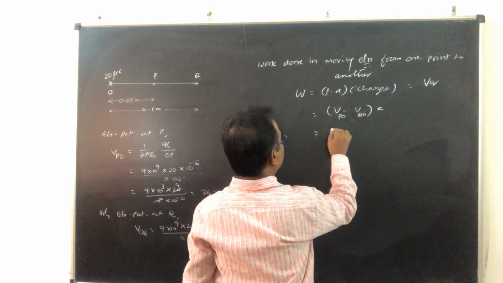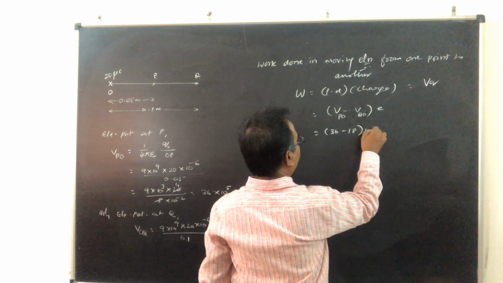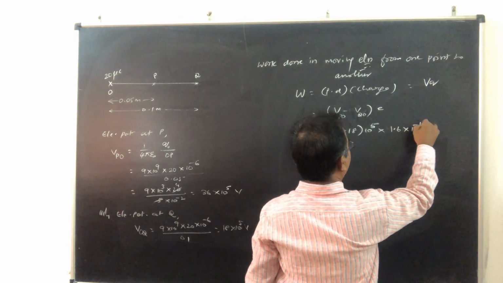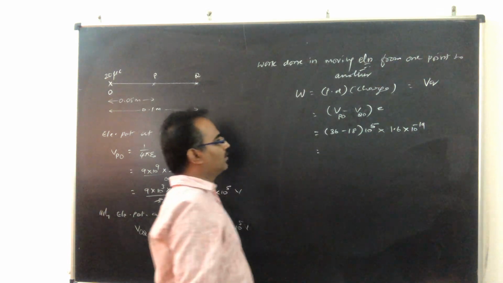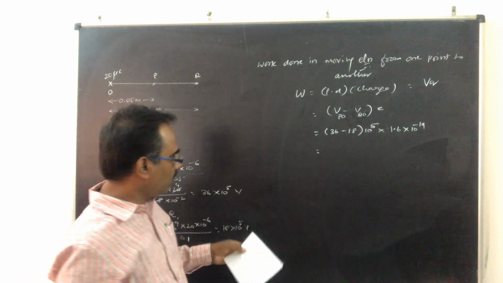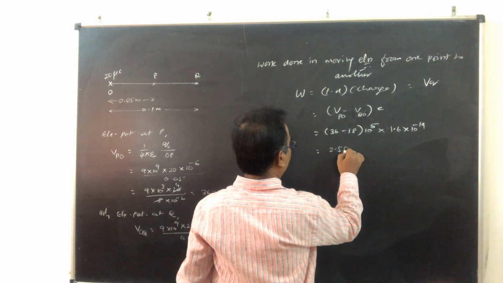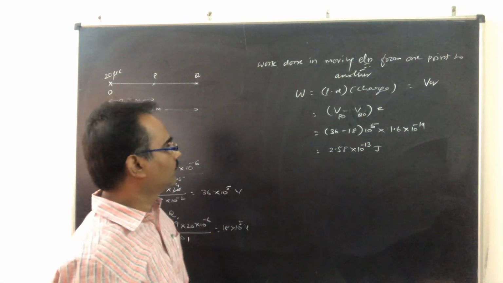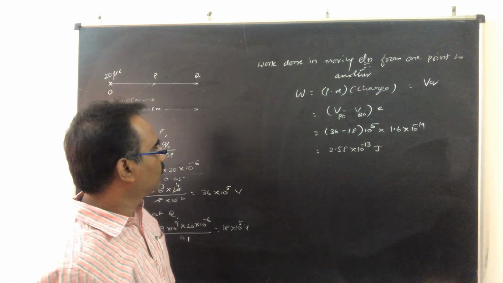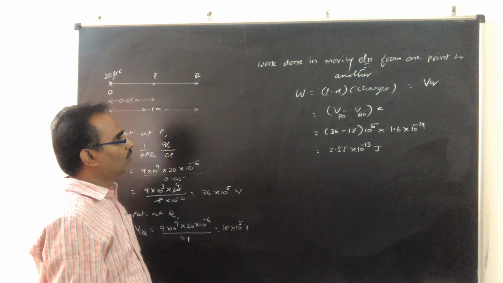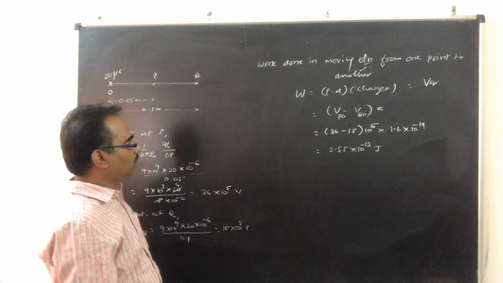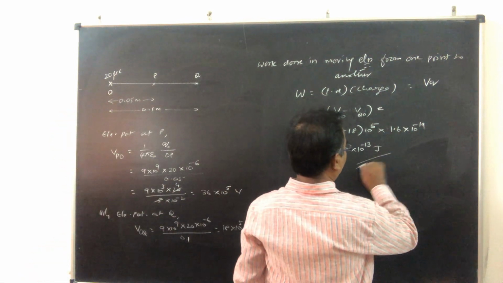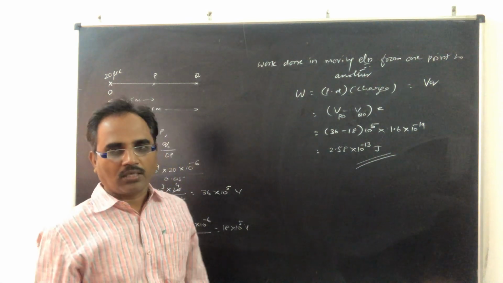So this is 36 minus 18 into 10 to the power of 5 into 1.6 into 10 to the power of minus 19. If you do this calculation, you will get 2.88 into 10 to the power of minus 13 joule. So this becomes the negative work done. So this is the work done in moving electron from one point to another.